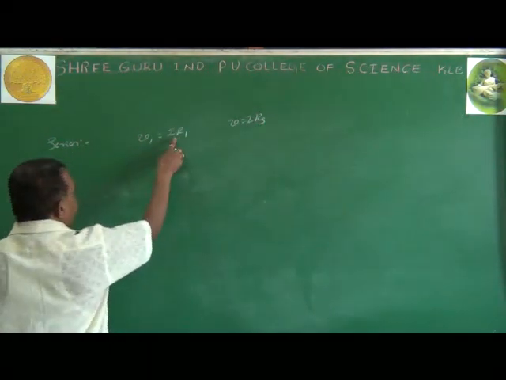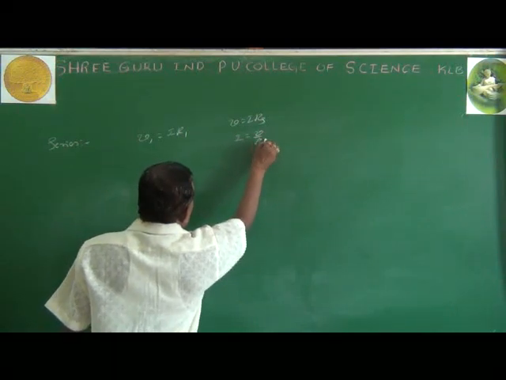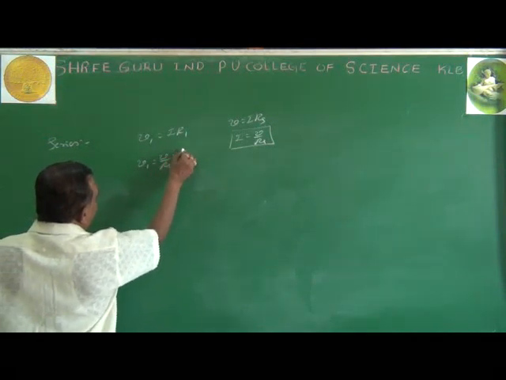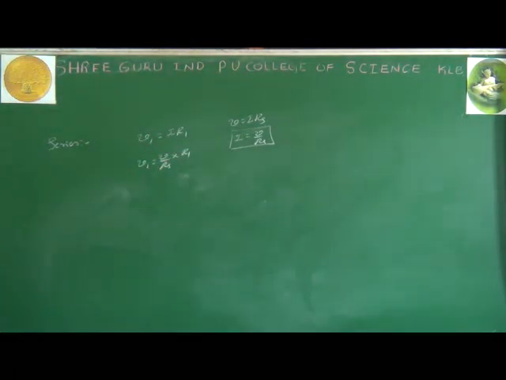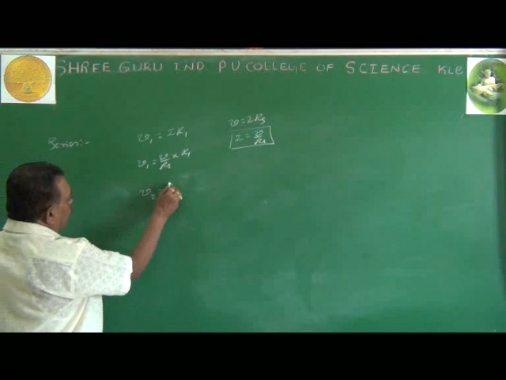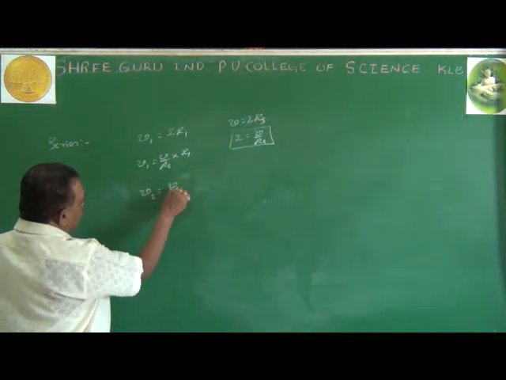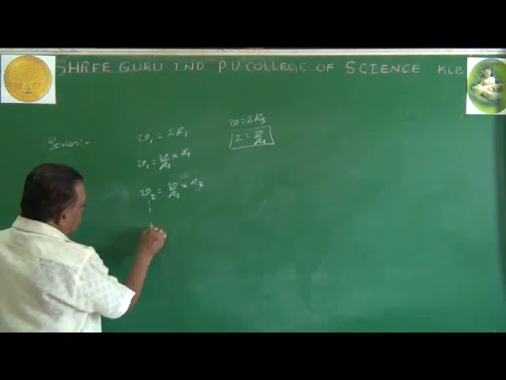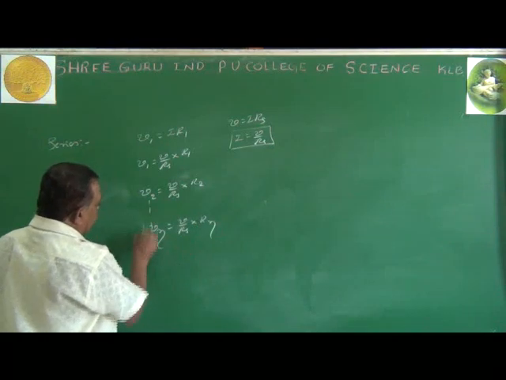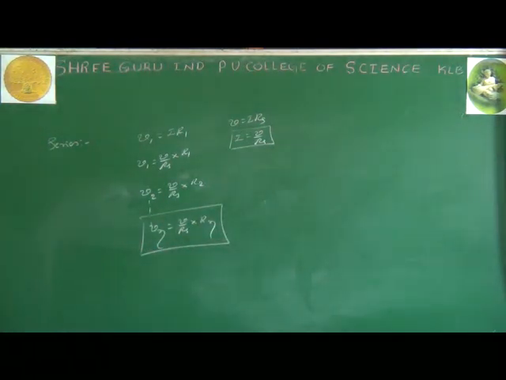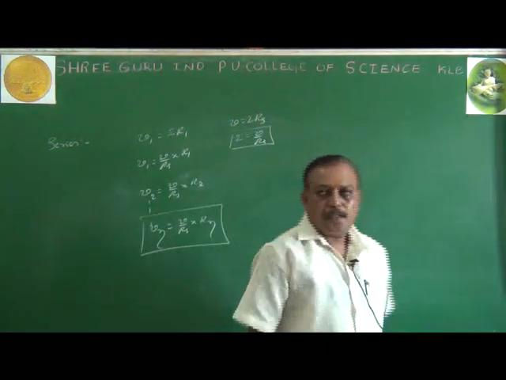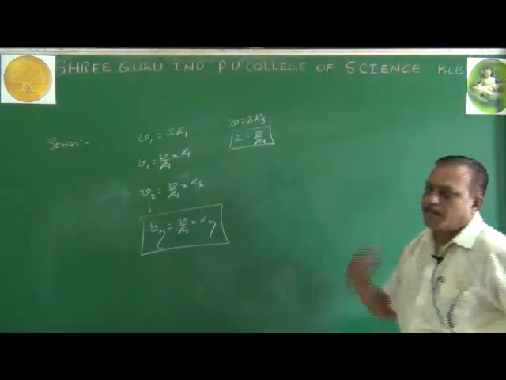If I replace I equals V by Rs, V1 equals V by Rs into R1. Similarly, V2 equals I into R2, V by Rs into R2, and so on. For the nth resistor, Vn equals V by Rs into Rn. Like this, we can calculate the potential difference across individual resistances in series.